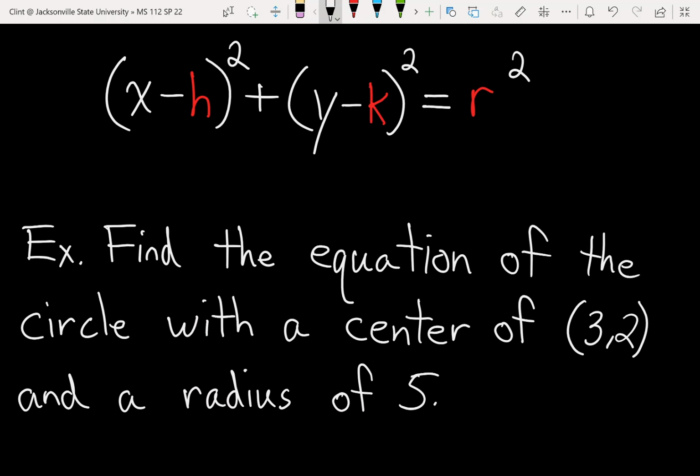I'm going to find the equation of the circle with center 3, 2, radius of 5. All we're really doing is plugging into this standard form of a circle. The x-coordinate of my center is 3, the y-coordinate of my center is 2, and my radius is 5.